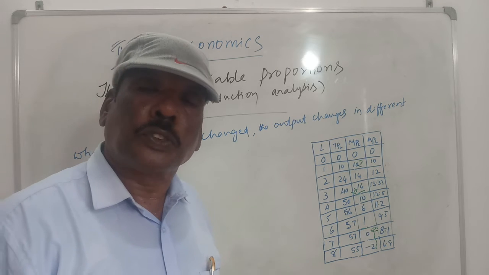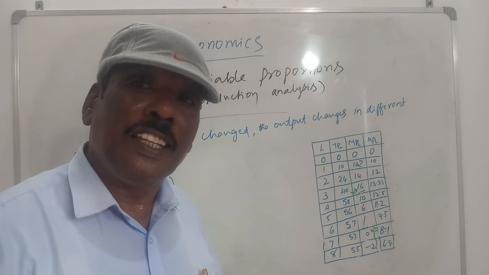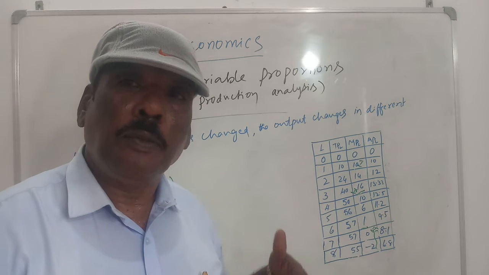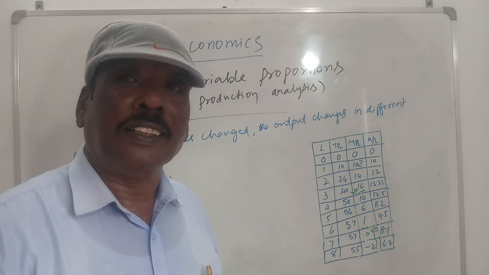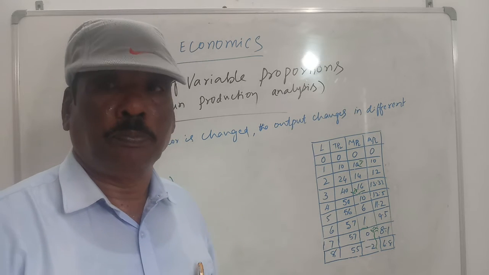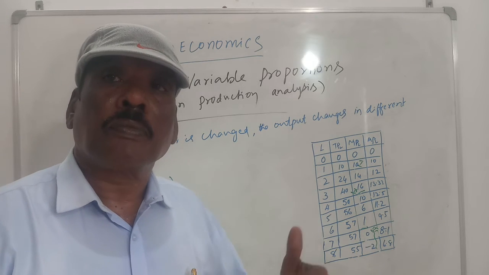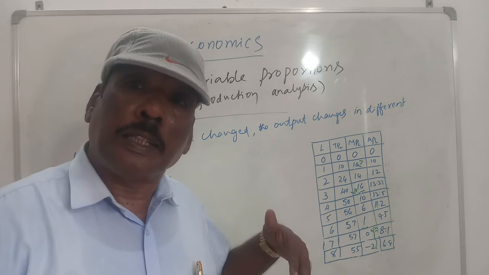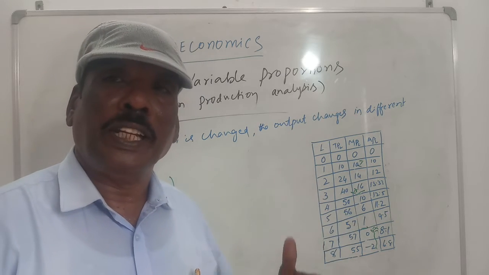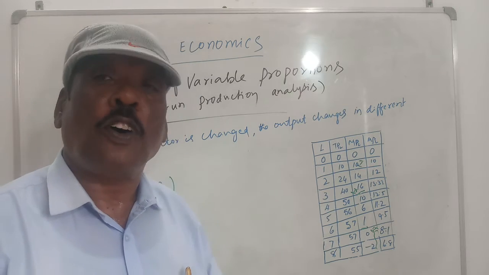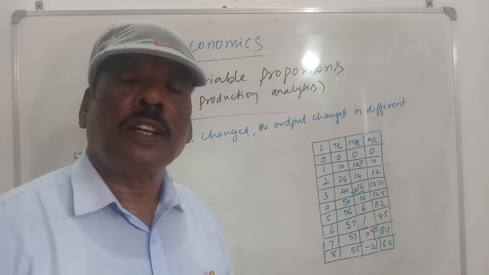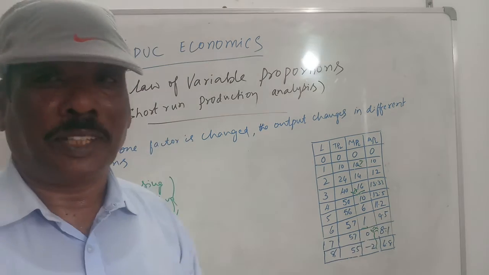Did you understand? That means as you increase the employment of one factor, keeping the other factors constant, there will be 3 types of production. One, the production increases in the beginning, and then in the second stage it diminishes, it starts falling, and in the third stage it becomes negative.